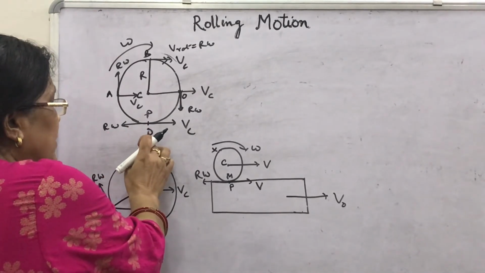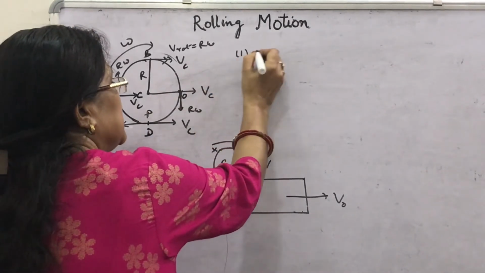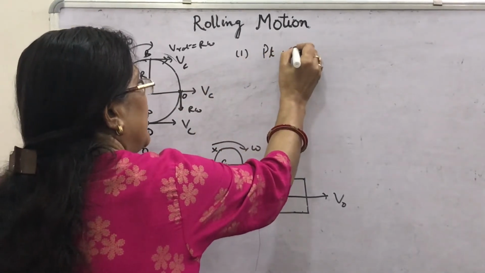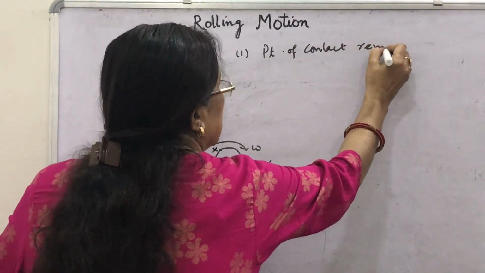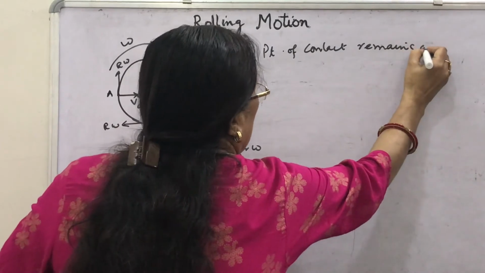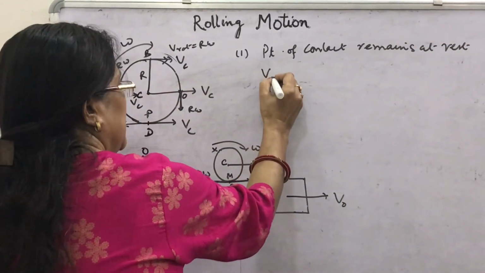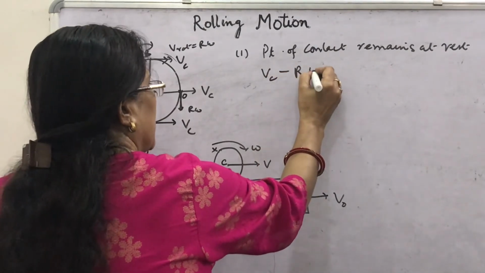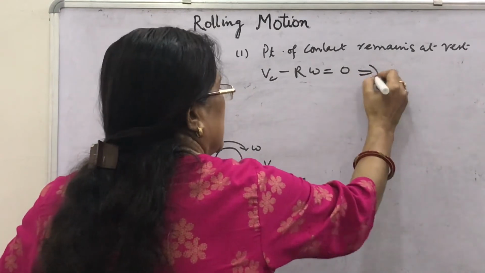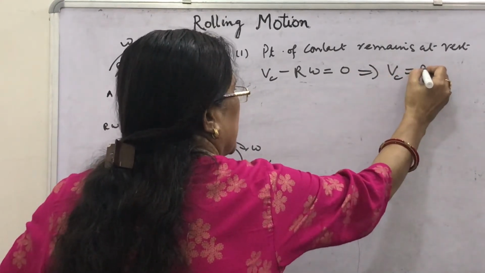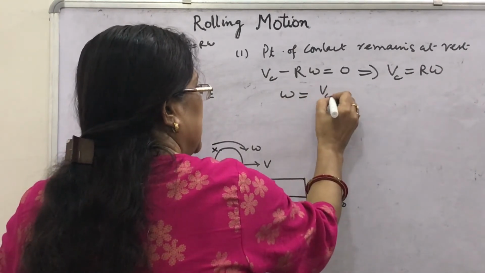Since this point of contact D remains at rest, what is the condition? Point of contact remains at rest. So Vc minus r omega will be equal to 0. That's why Vc equals r omega, or omega will be Vc upon r.